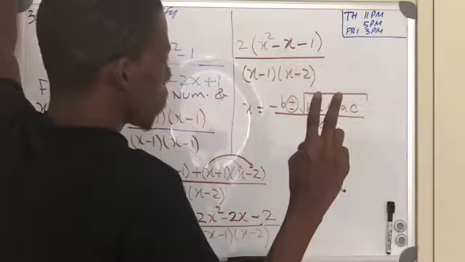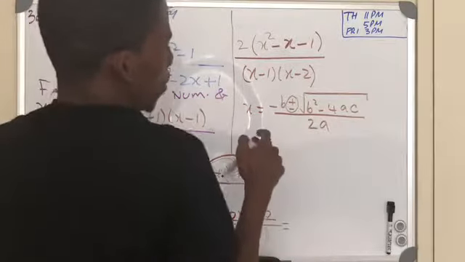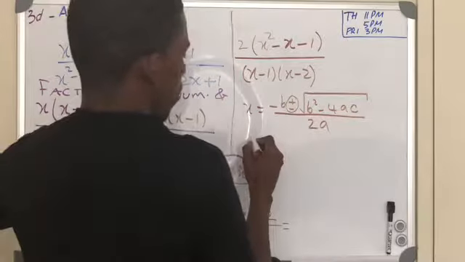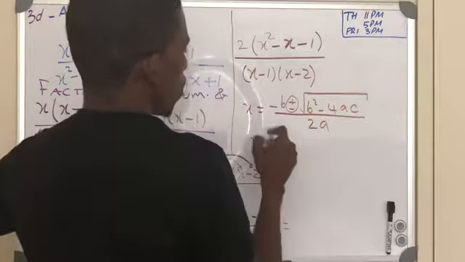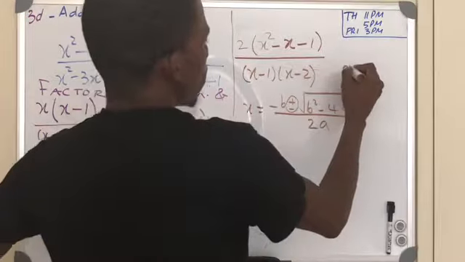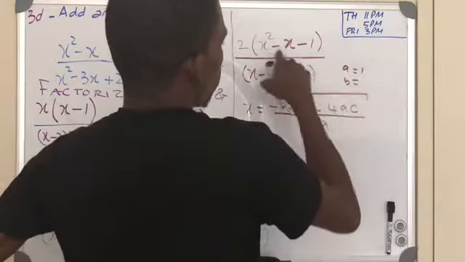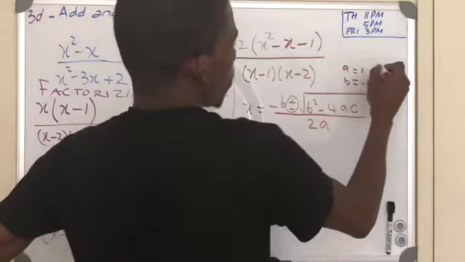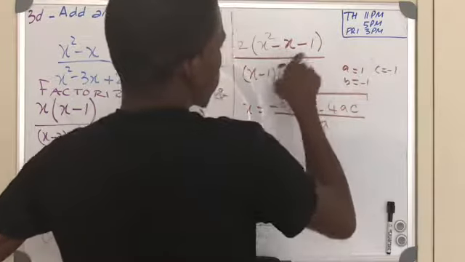Okay, so see right here I can say x is equal to minus b. I have, let's see, a equal to 1, b equal to minus 1, and c is equal to minus 1.